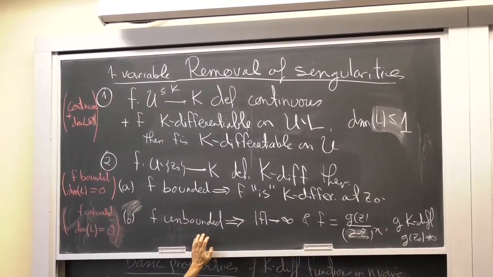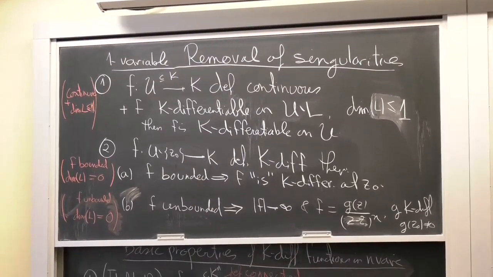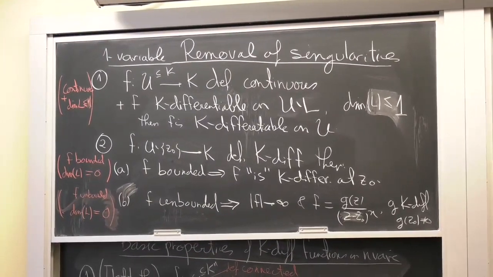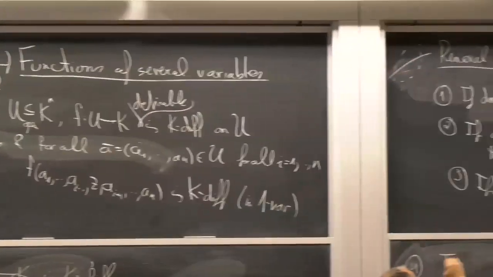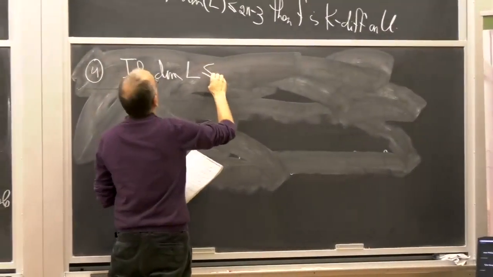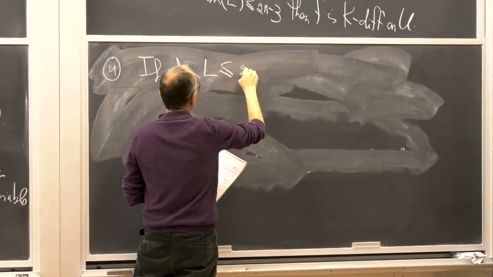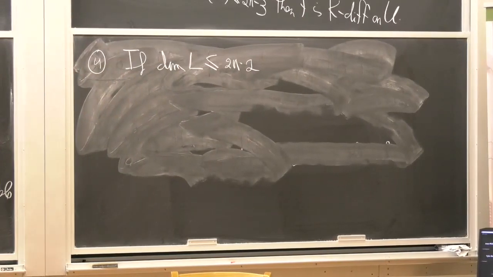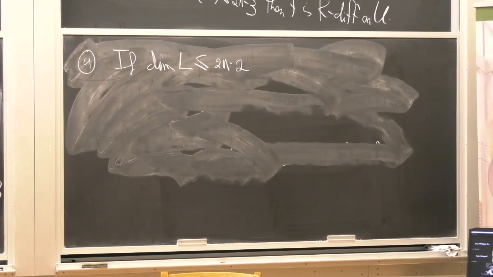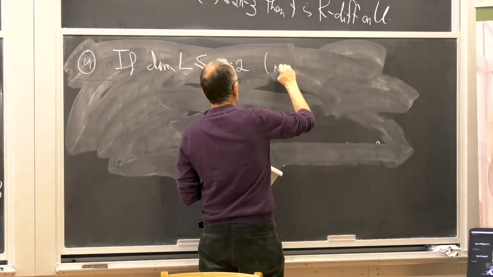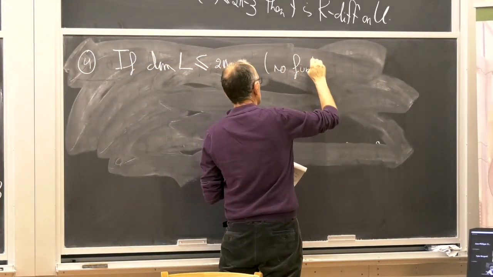And this is actually something we worked quite a lot on. If the dimension of L, so we are like in situation 2, but we don't assume that F is bounded, with no further assumptions.